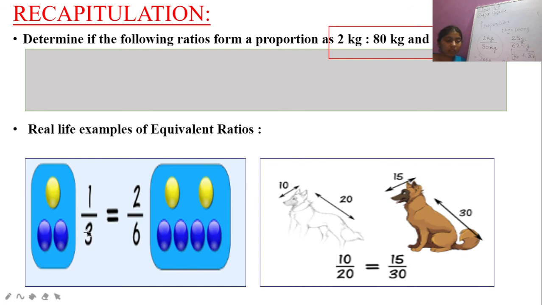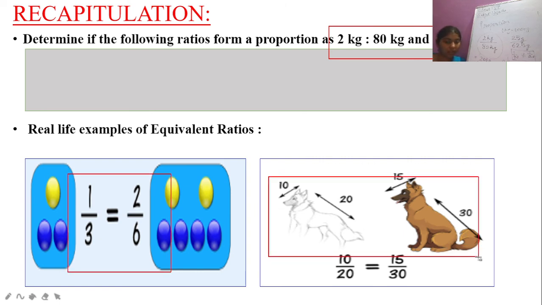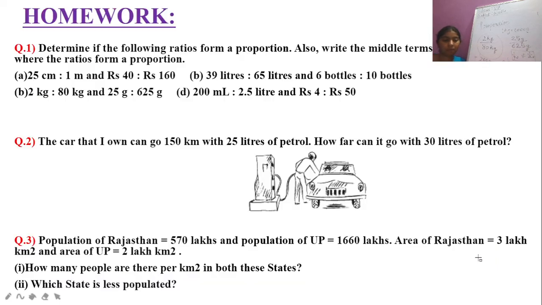So these are the few examples we discussed about equivalent ratios, right? Here we can talk about the ball, and here the dog's shadow is being compared with the dog, right? So students, I have 3 questions for you. Firstly, you have to determine the ratios, find out if they are in proportion or not, and then find out the middle and extreme values for them.